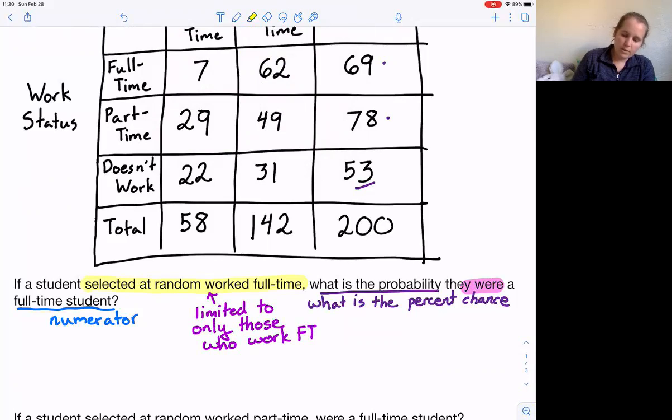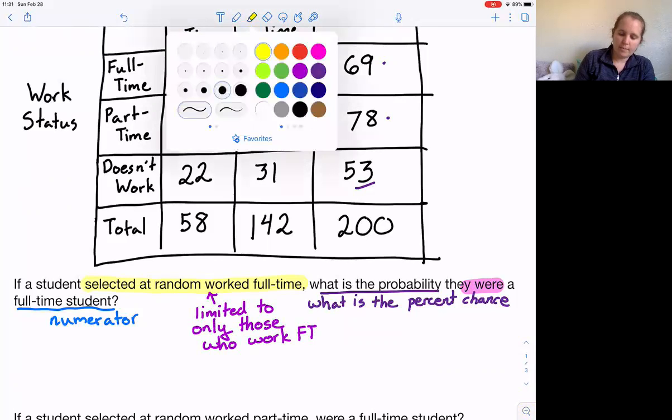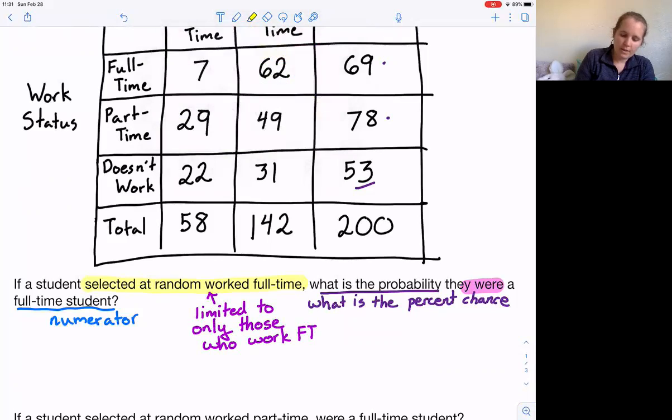So if we limit ourselves to only those who work full-time, then we are only looking at the row that refers to students who work full-time. So we are going to completely ignore all of the other numbers in the table.